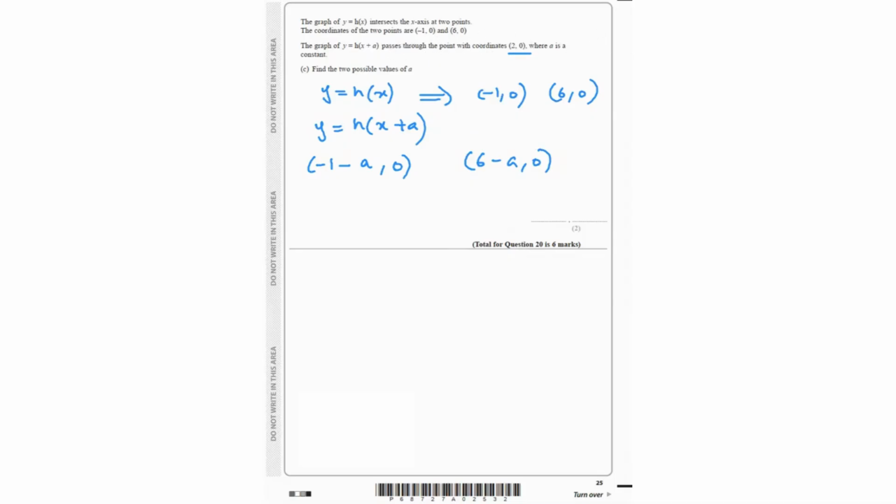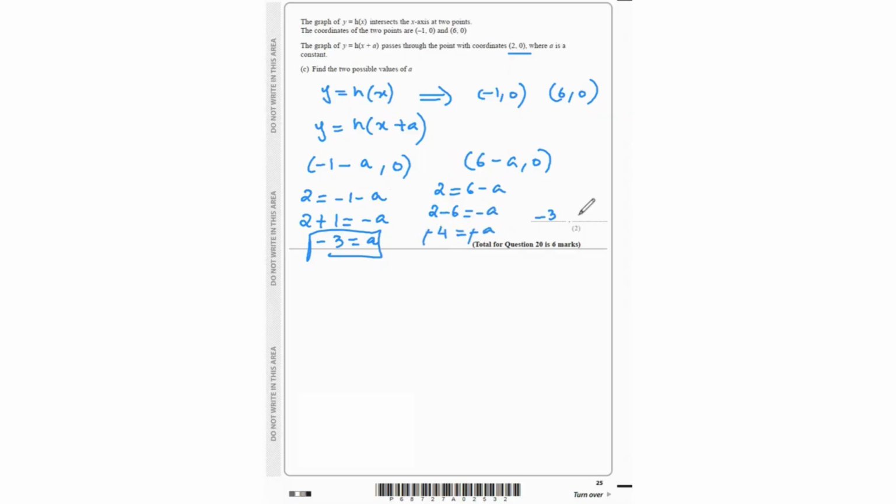So since they've given us the translated coordinate, we can put 2 equal to -1 minus a. That's 2 plus 1 equals -a. That's -3 for a. That is one possible value. And then for the other one, 2 equals 6 minus a. So that's 2 minus 6 equals -a.